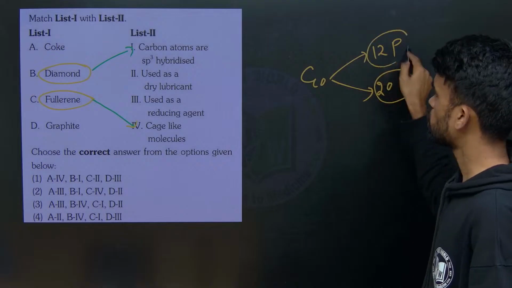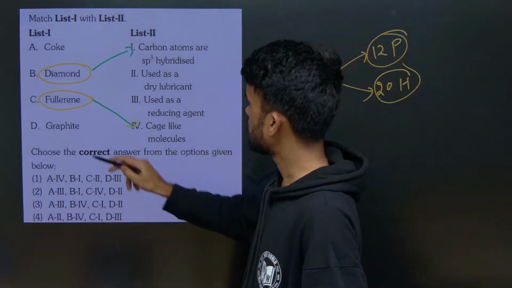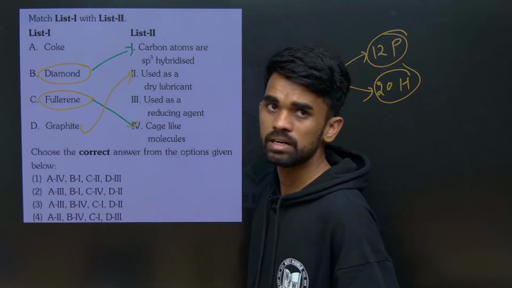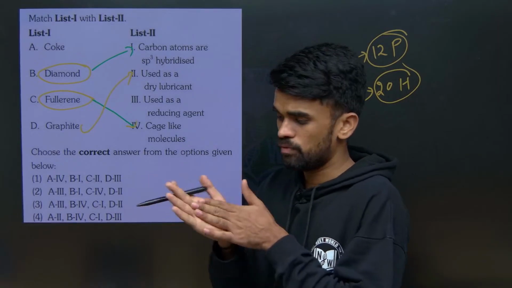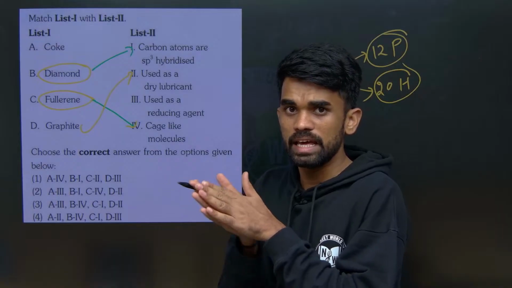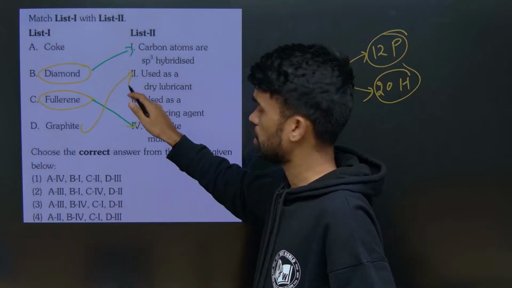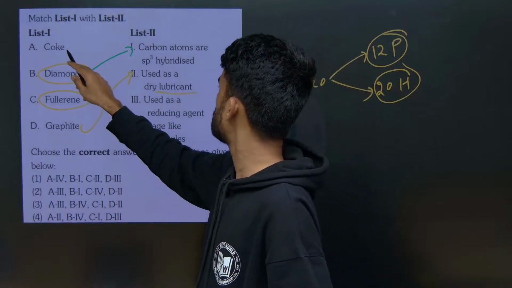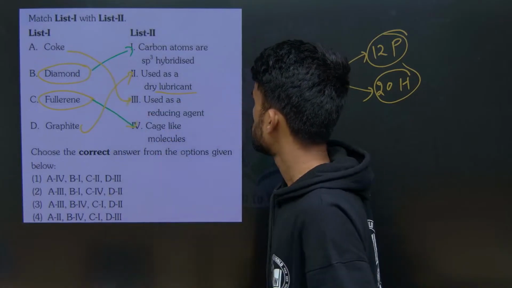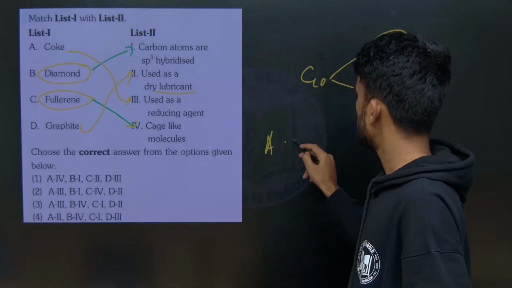Graphite is used as a lubricant. It has very weak forces of interaction between the layers, therefore it is used as a lubricant. Next, coke is used as a reducing agent, so A3.